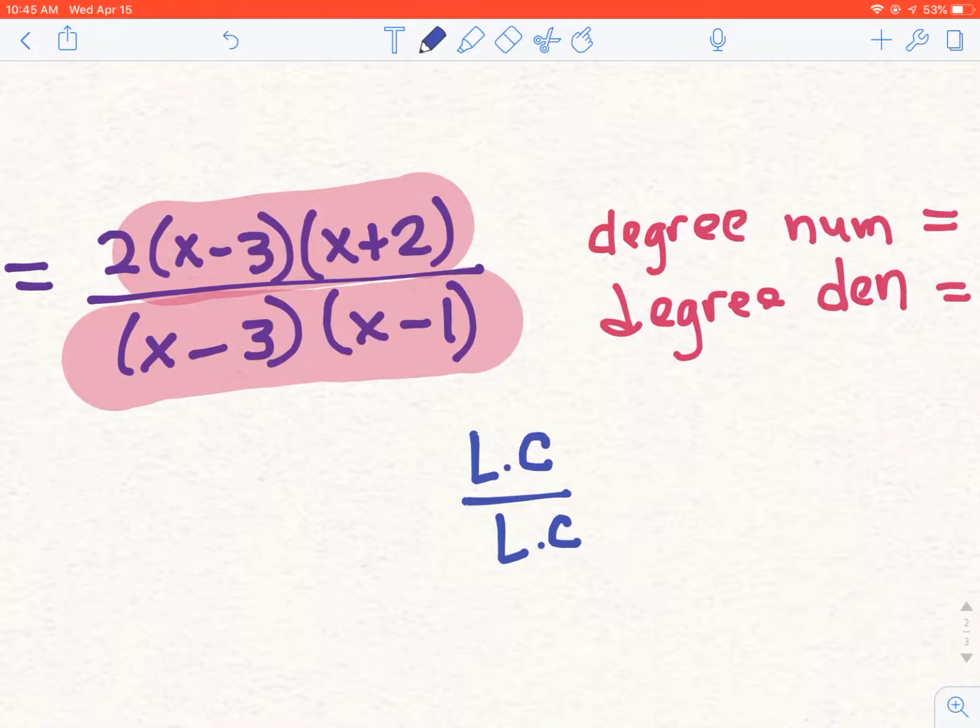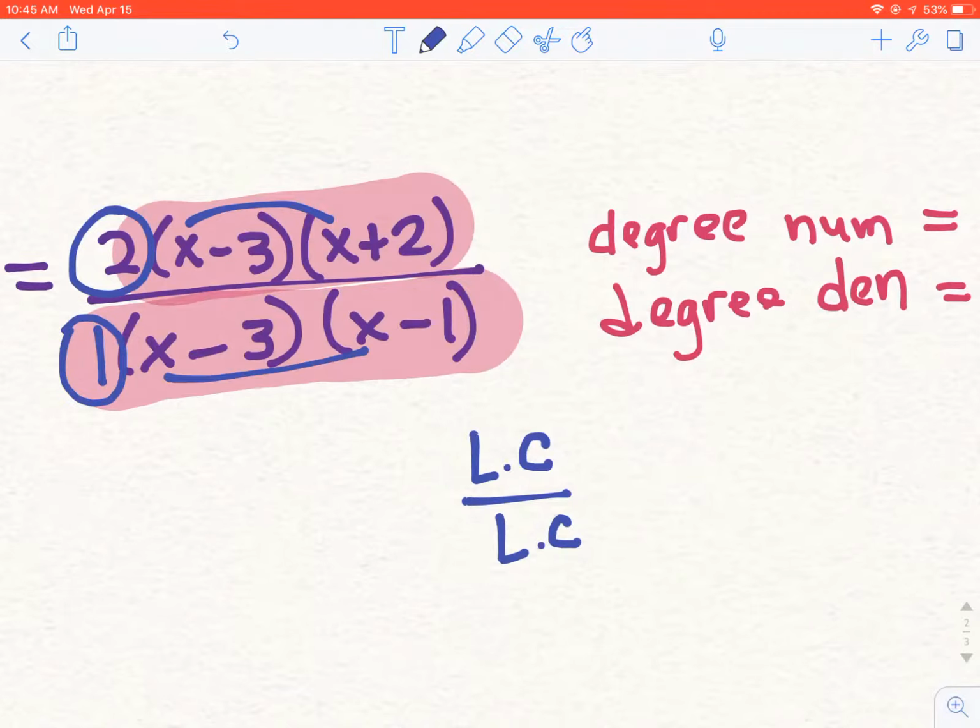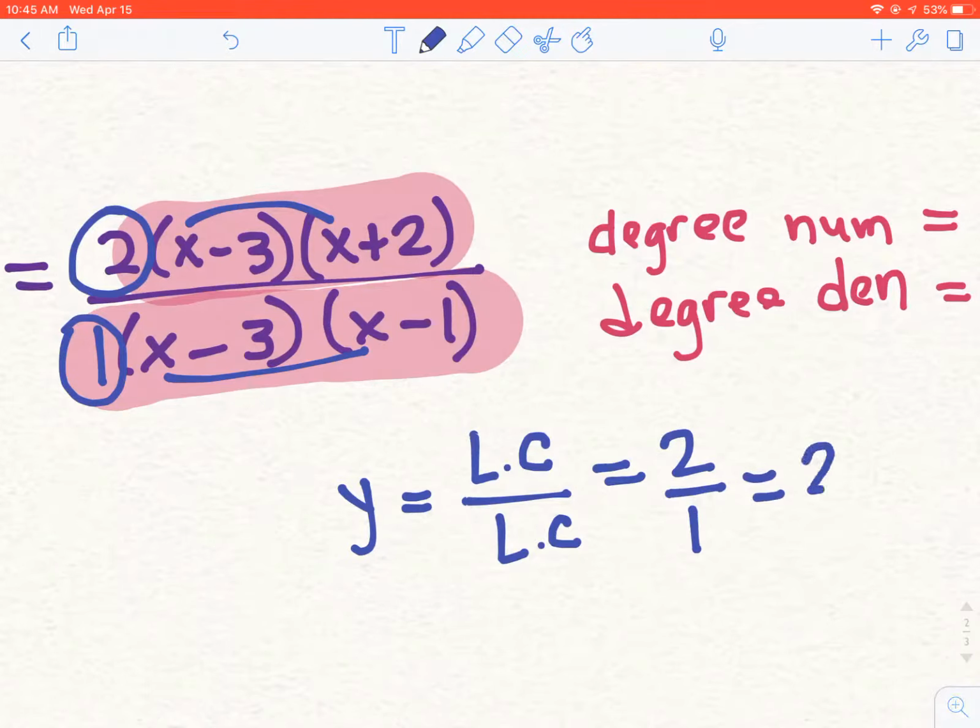The leading coefficient is going to be this number out front because x times x is just x squared, so there's nothing else there. And the bottom is going to be a 1 because, again, x times x is just x squared. So y equals the leading coefficient of the numerator divided by the leading coefficient of the denominator. So y equals 2.